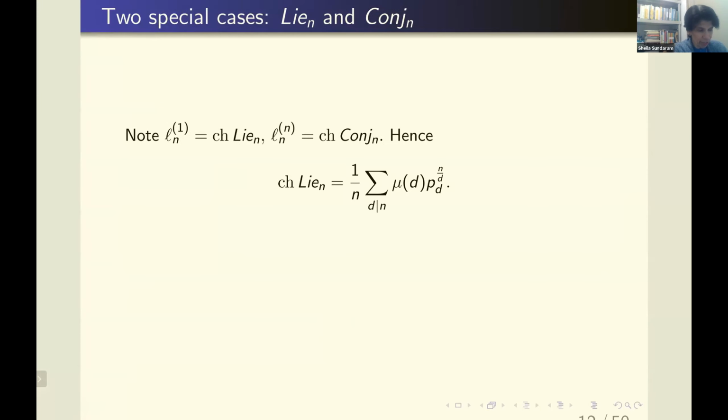The Frobenius characteristic of Lie n is this very simple linear combination of power sums, p_d to the power n over d, and the coefficient is the Möbius number. And then for the conjugacy action, this is possibly less familiar: the Möbius number is replaced by the totient function, Euler's phi function.